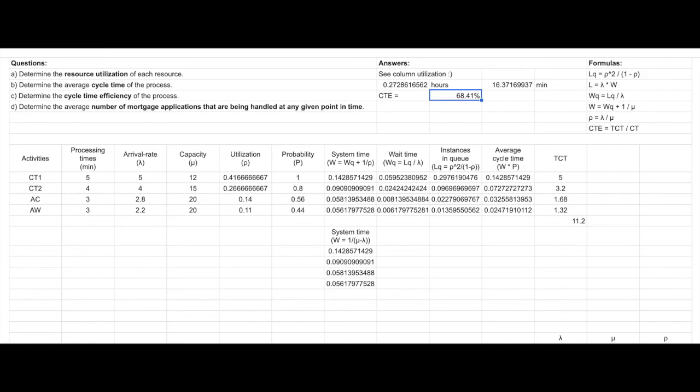And the average number of mortgage applications is exactly our number of instances in the system. We can calculate this via Little's law, which is the arrival rate times the average cycle time.